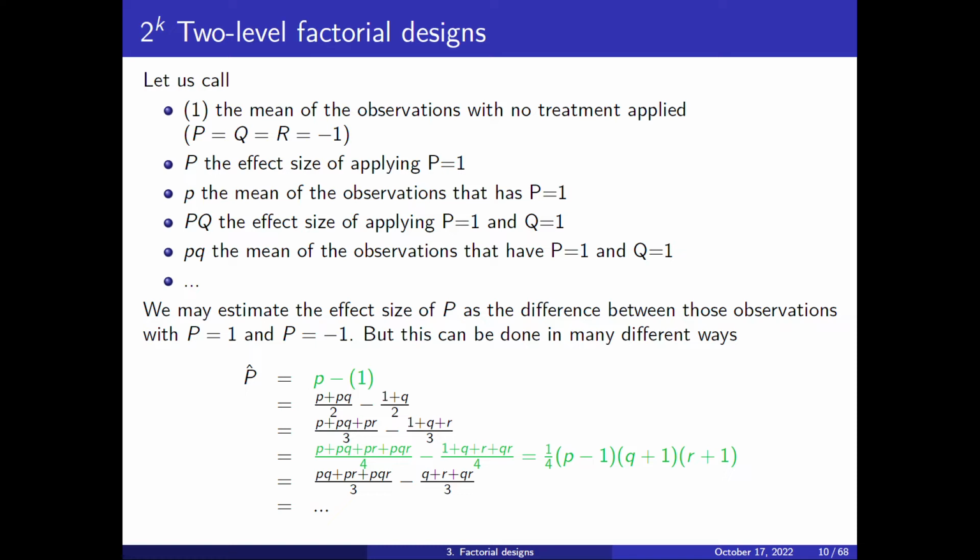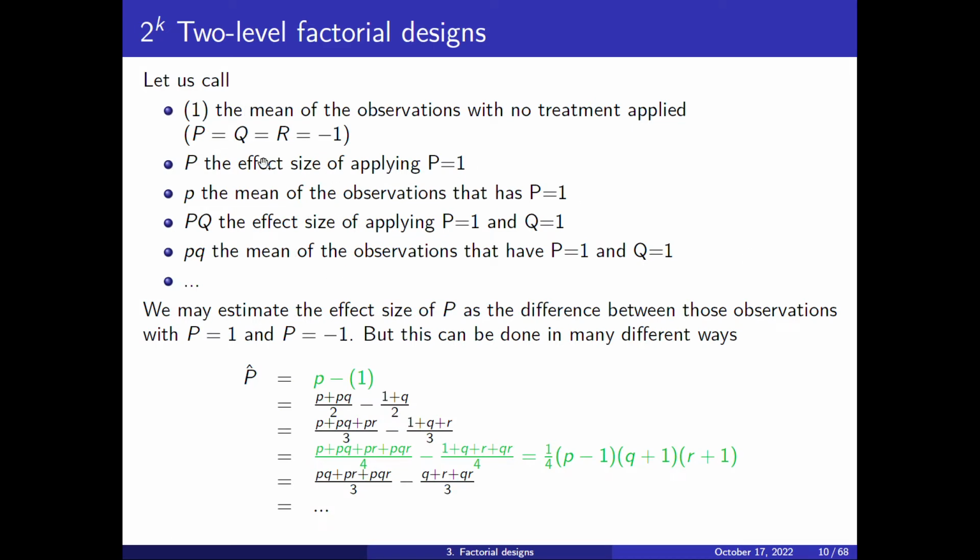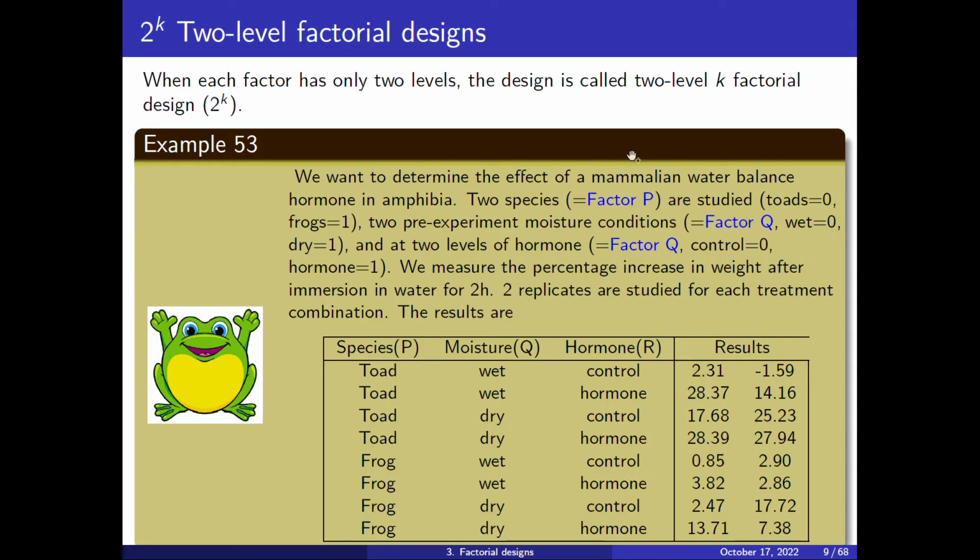Okay, so let us call the mean 1 the mean of observations with no treatment, that is P equals Q equals R equals 0. So that means toads, wet, with control. So that will be 1. Let us call capital P the effect size when applying P equal 1. So P equal 1 is frogs. It is the effect size, the extra that you get for being a frog.